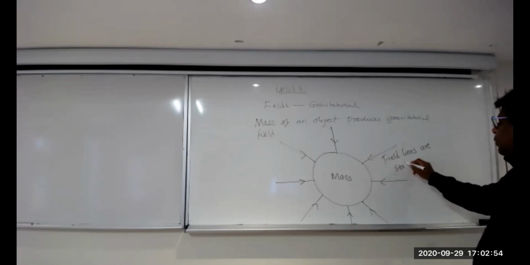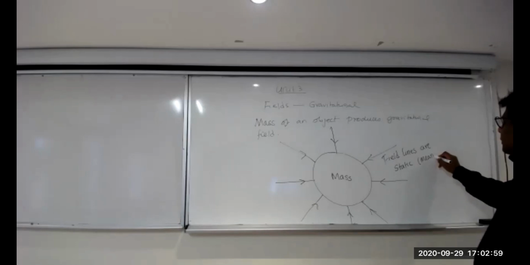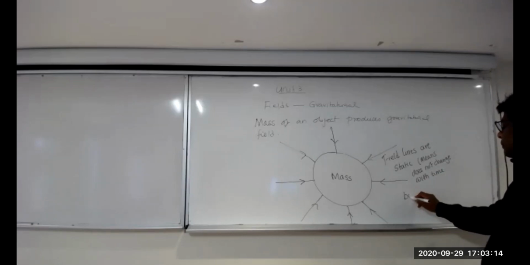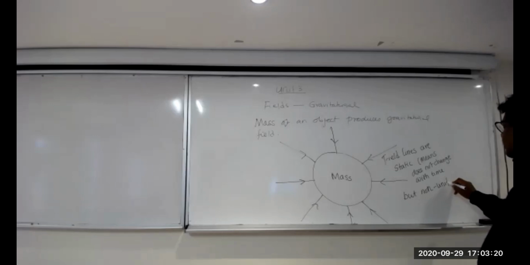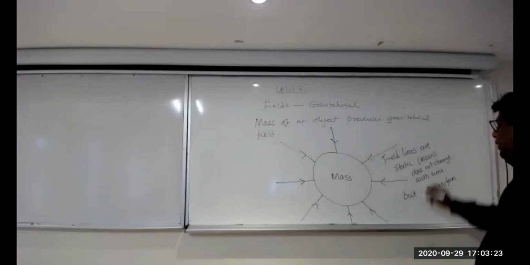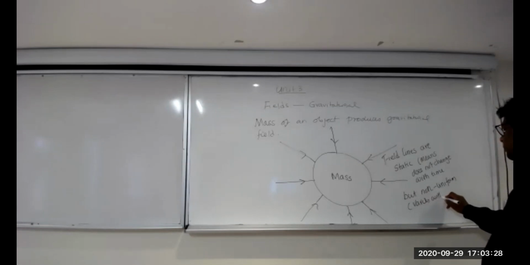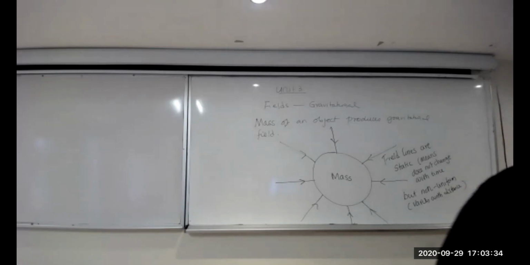Static means they do not change with time, but non-uniform means it varies with the distance. Okay, so that's the gravitational field.